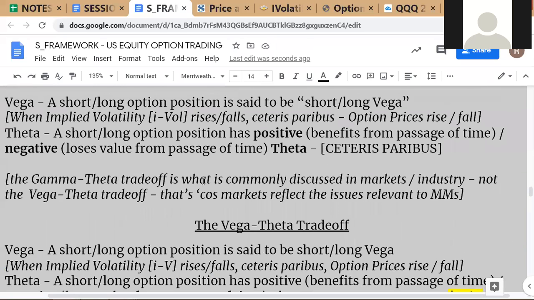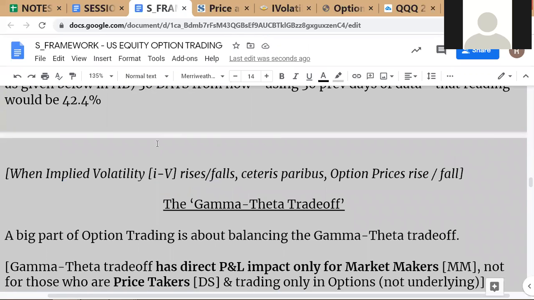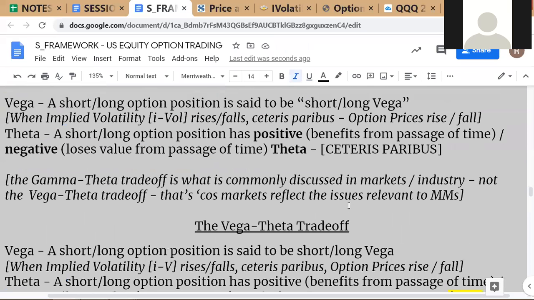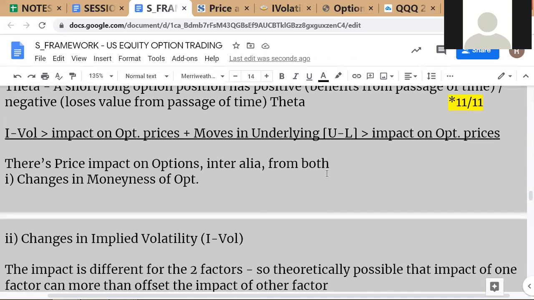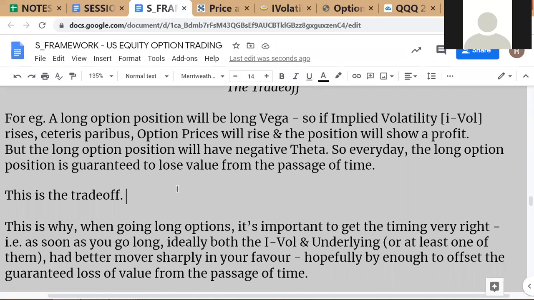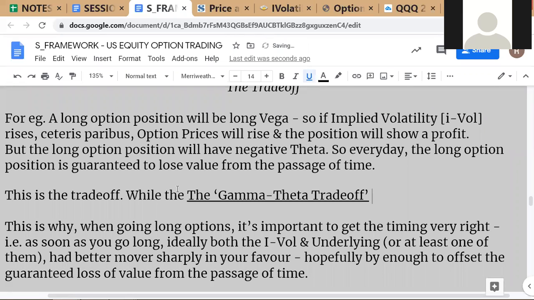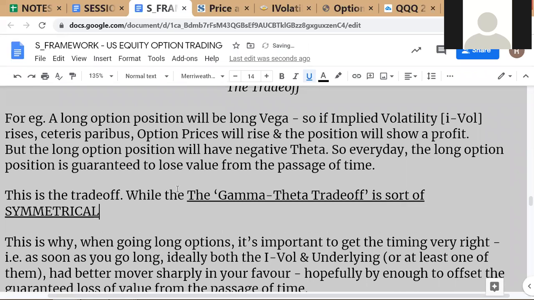Let's make this one observation. You understand what symmetrical is?